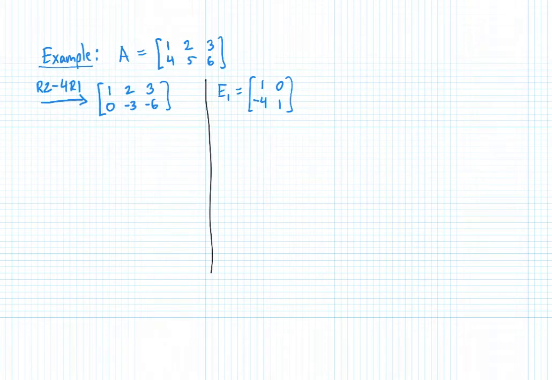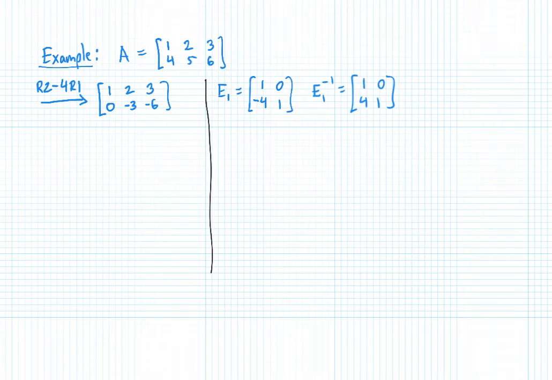Now, here's the elementary matrix that corresponds to this row operation. And what we know is that if we multiply E1 times A, then you get this matrix in the next step. But for the purpose of matrix factorization, what we actually want is E1 inverse. That's the elementary matrix that corresponds to the opposite row operation, which would be adding 4 times row 1 to row 2.